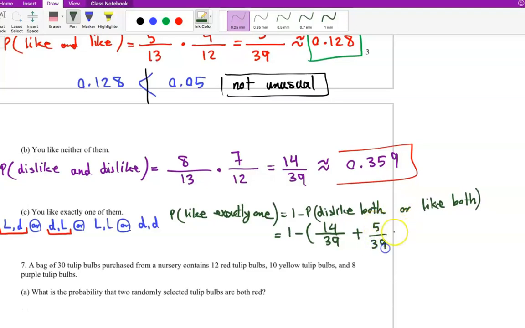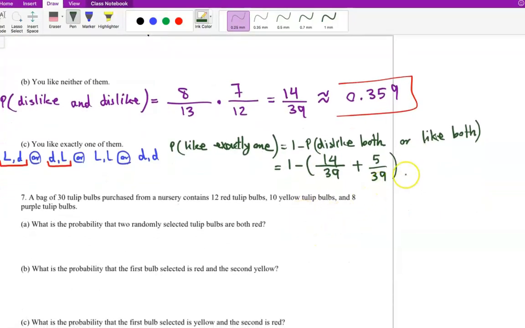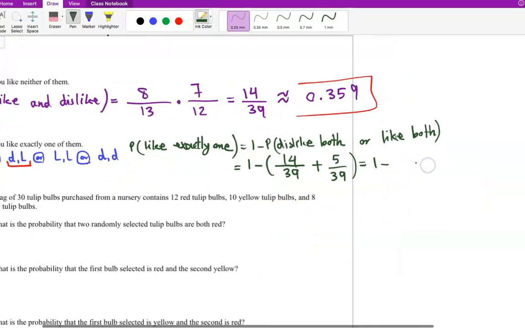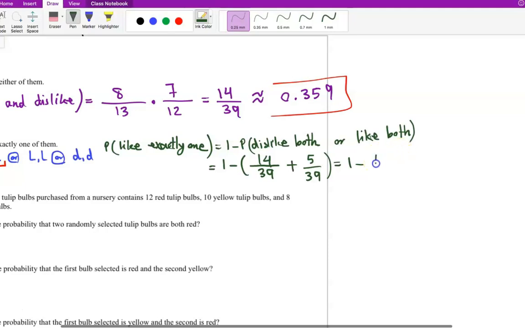We already have these two, that's why I use this one. That is equal to 1 minus 19 over 39, and that is equal to 0.513.